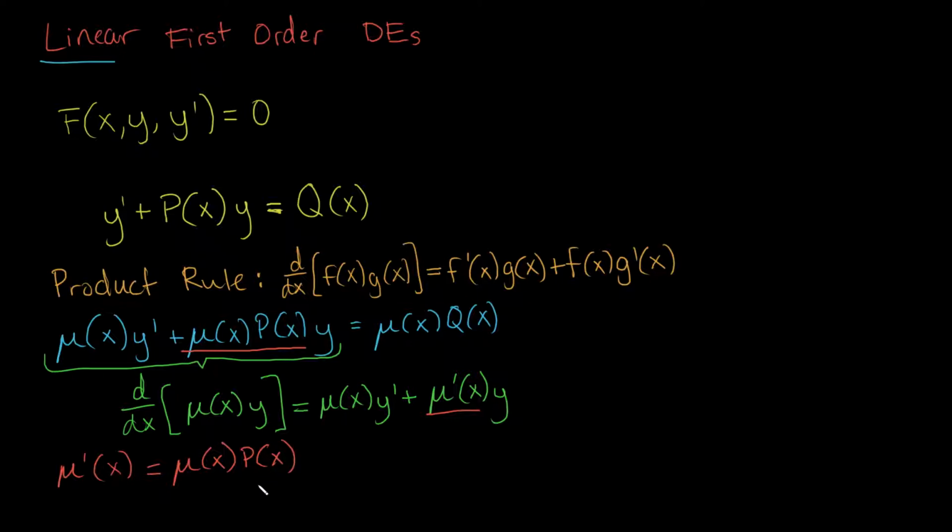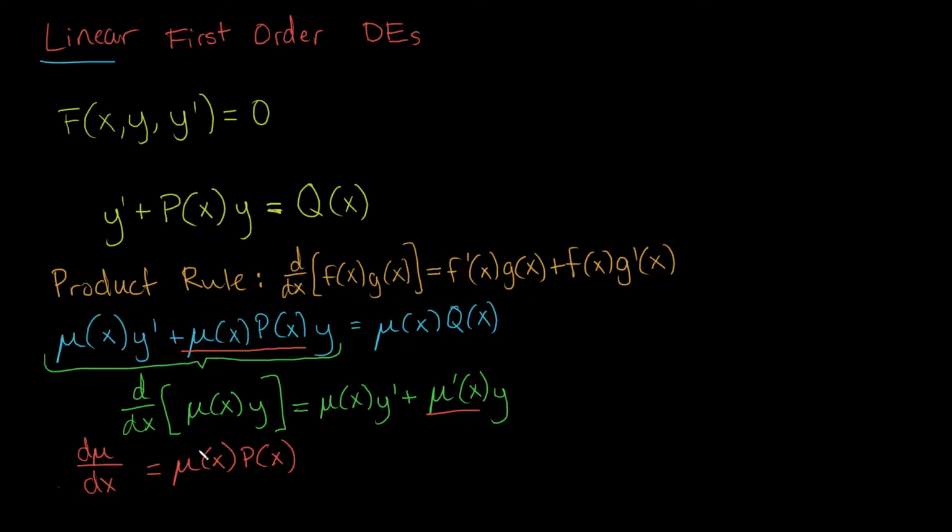And let's think back to separable differential equations. We can rewrite mu prime of x as d mu dx. And now this is looking an awful lot like a separable differential equation, because it is. We have the derivative of mu with respect to x equals a function of this mu, and then this.